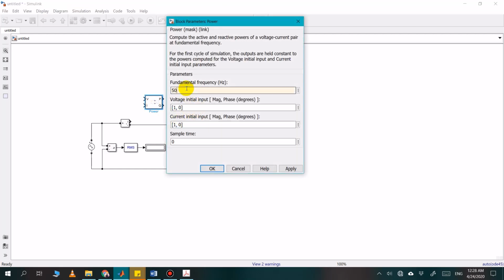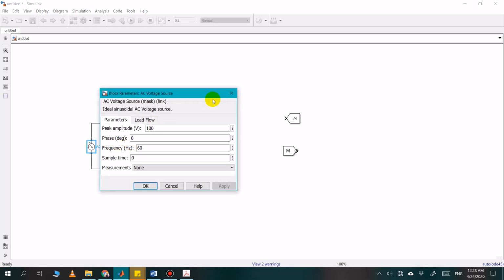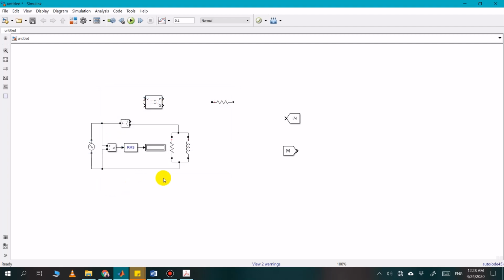The power of 50. And the motor is 120 into square root of 2. That is the harness voltage. Okay.